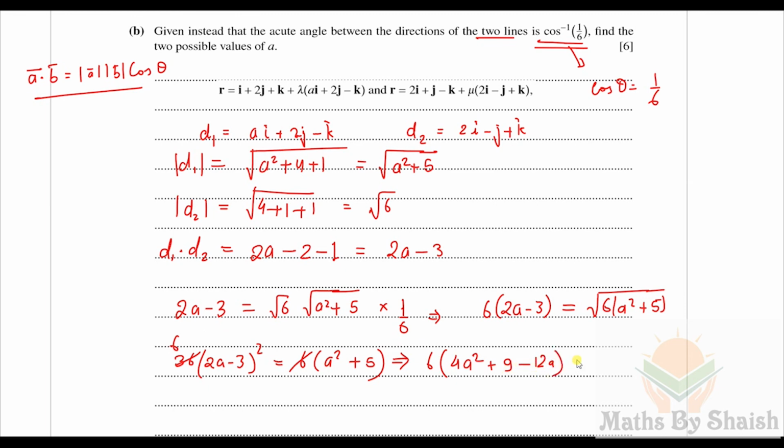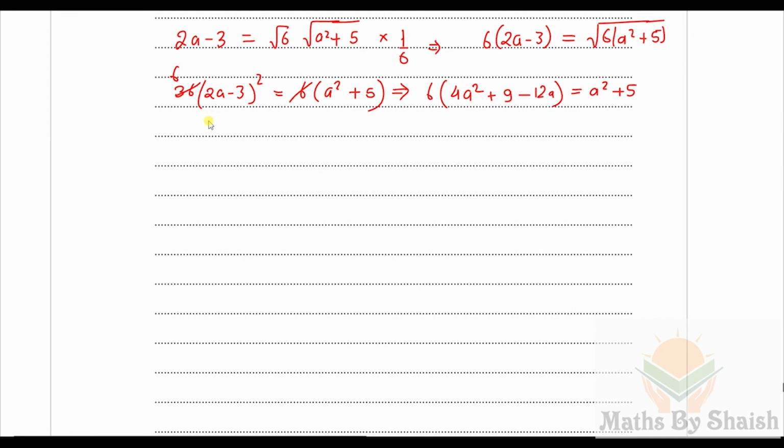Now we will make a quadratic in a, and it becomes 24a square minus 72a plus 54 minus a square minus 5 is equal to 0. Sorry, it is 23 now. So we can write it as 23a square minus 72a plus 49 is equal to 0.